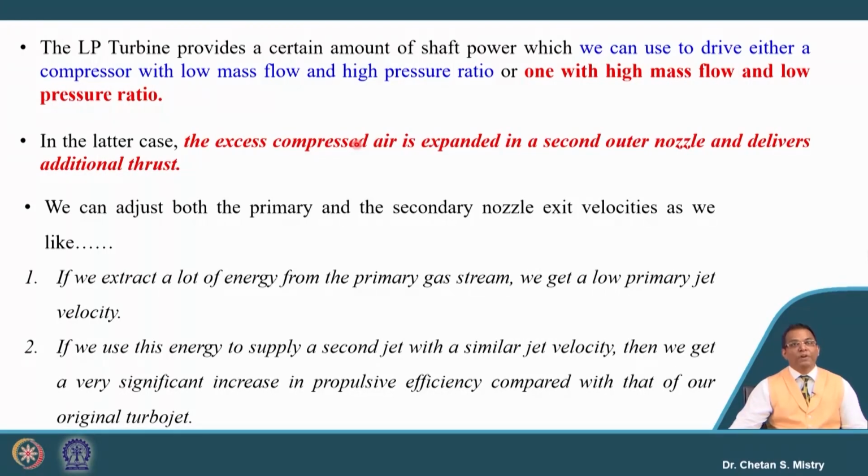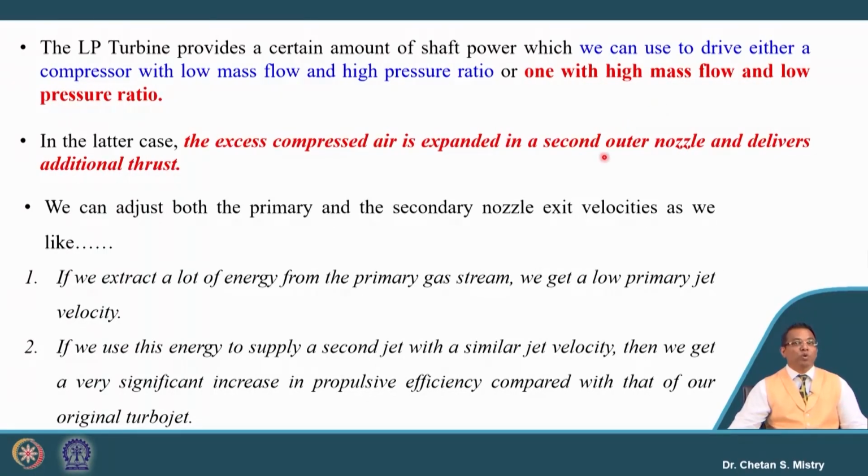Now, the same LP turbine which we use for this extraction of energy can be used to rotate a compressor at low flow rate and high pressure ratio, or maybe high flow rate with low pressure ratio. So, let us look at what is the meaning of that. We can add one compressor stage, or maybe we can incorporate the fan which will be rotating at low speed, that will be taking in more amount of air and will operate at low pressure ratio.